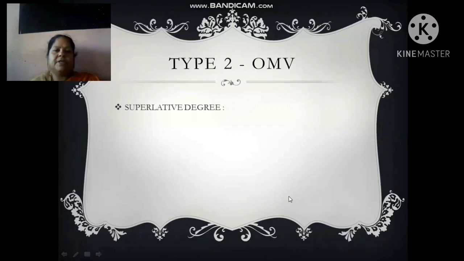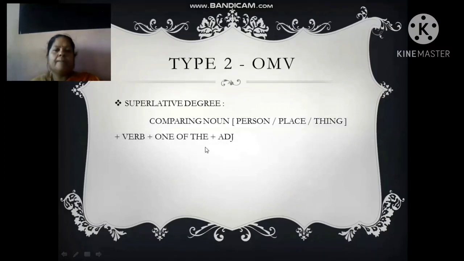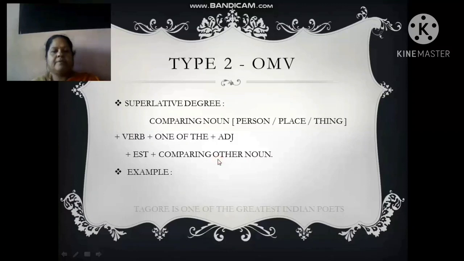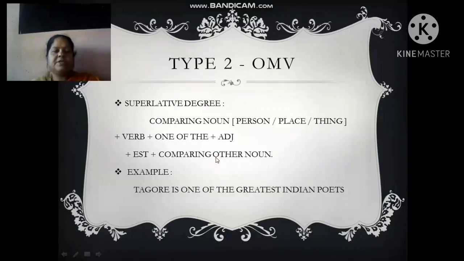Superlative degree. Comparing noun comes first. Next, verb plus one of the plus adjective plus est plus comparing other noun. Example, the same example we change into the superlative degree. Tagore is one of the greatest Indian poets.